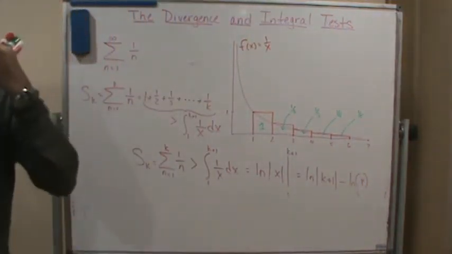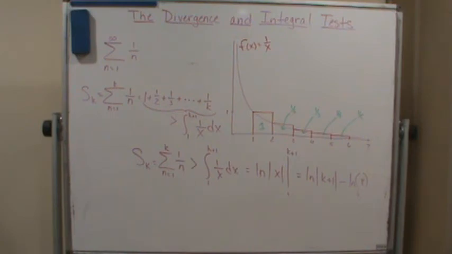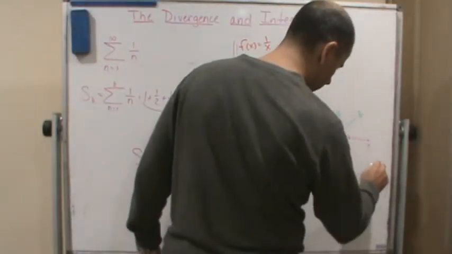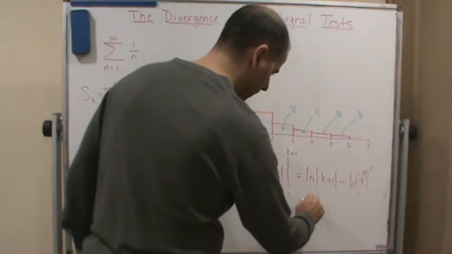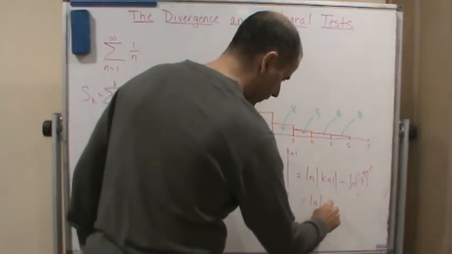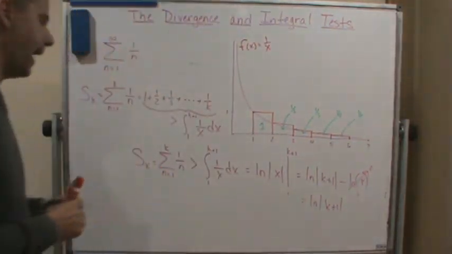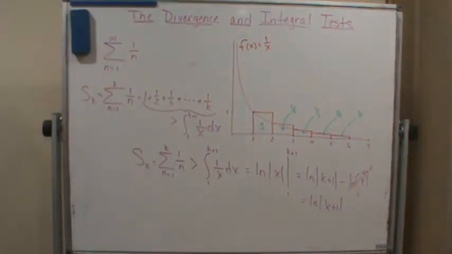Now, what's the natural log of 1? Well, the natural log of 1 is 0. So then we just end up with the natural log of the absolute value of k plus 1. Now, well, that's interesting.